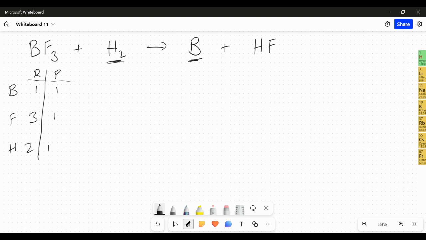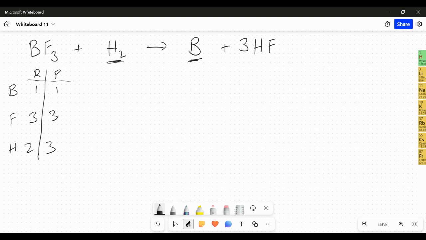Let's balance fluorine first. I've got 3 fluorine on the left and 1 on the right. So let's try making this a 3 right here. That changes fluorine and hydrogen. There's now 3 fluorine and 3 hydrogens.